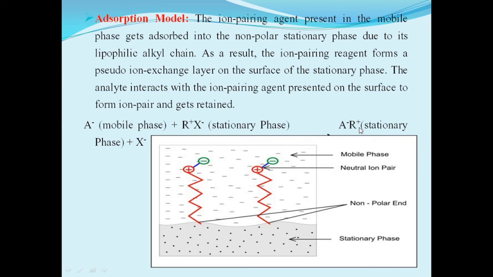This gives A minus R plus in the stationary phase plus X minus in the mobile phase. The neutral ion pair has a non-polar end with no charge, and this is the stationary phase.